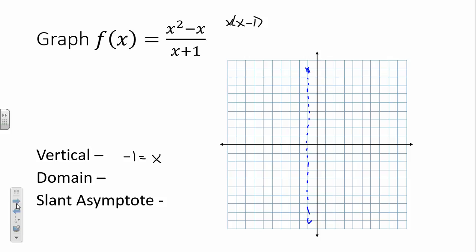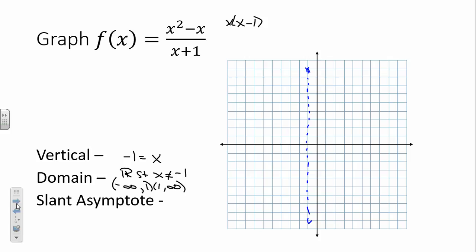All real numbers such that x can't be negative 1. And there it is in interval form, right? So now we know by looking at this that we have a degree that's exactly one more in the numerator than the denominator. So we have a slant asymptote.